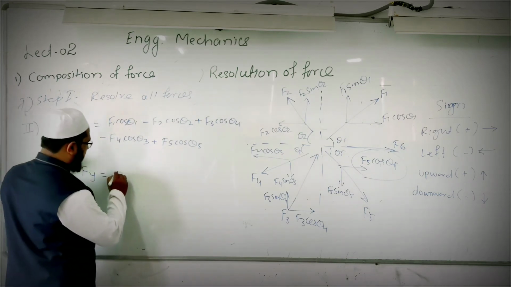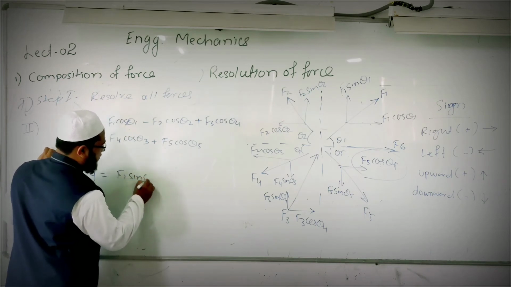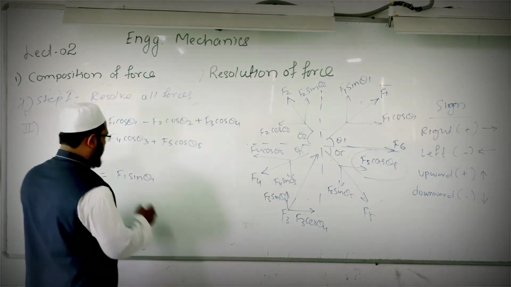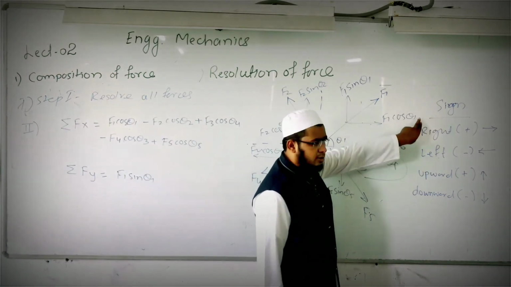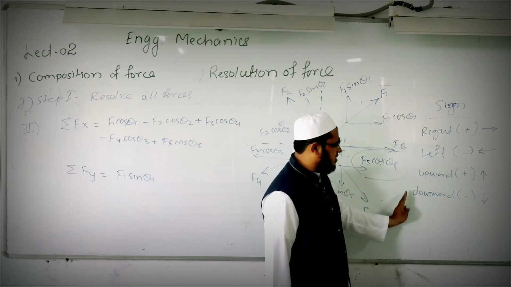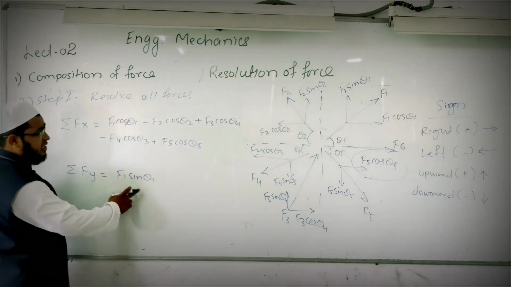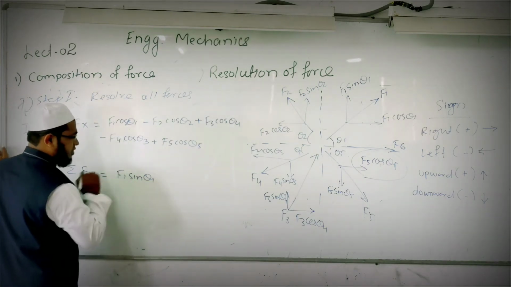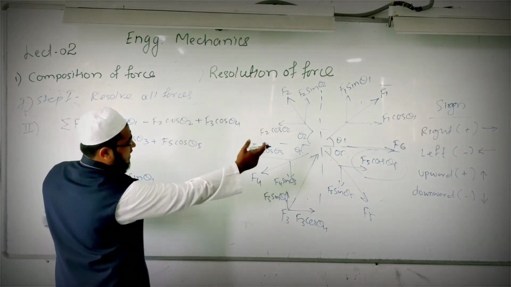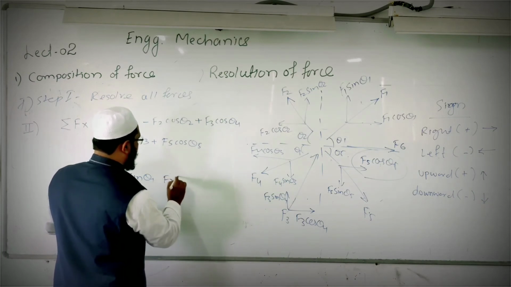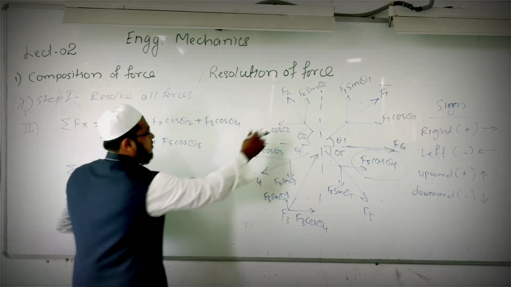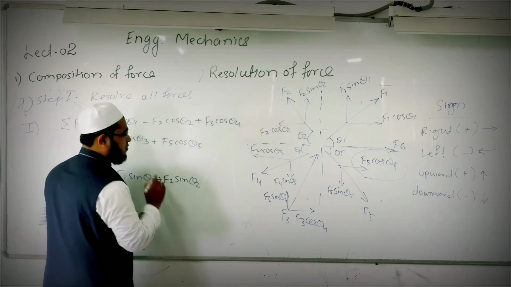Similarly, the algebraic sum of vertical forces: F1 sin theta 1, it is upward. According to our sign convention, we have decided which one is taken as positive and which as negative. Upward will be positive, downward will be negative. Sin theta 1 is upward, it is positive. Second force, F2 sin theta 2, it is also upward, positive.